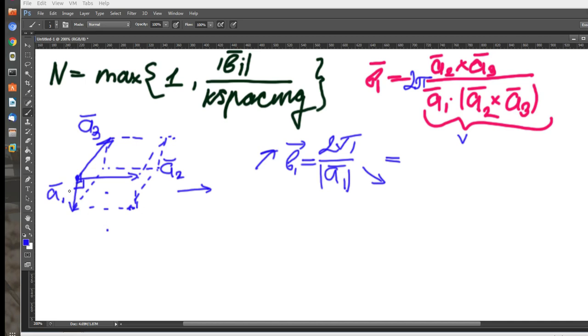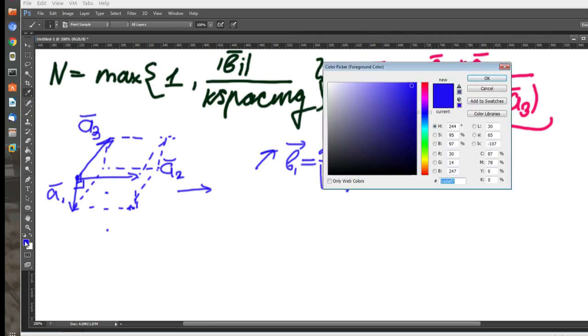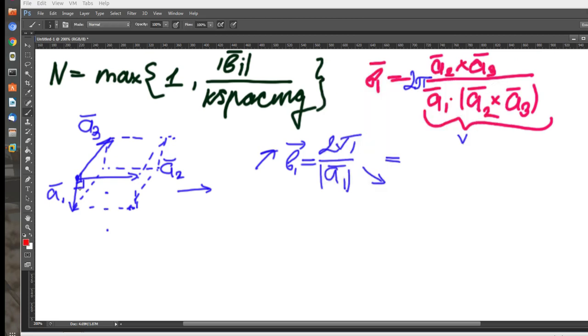So let's say here that a1 is larger than 2 pi, and we will have our first vector in reciprocal space. That is, a1 is less than 2 pi.